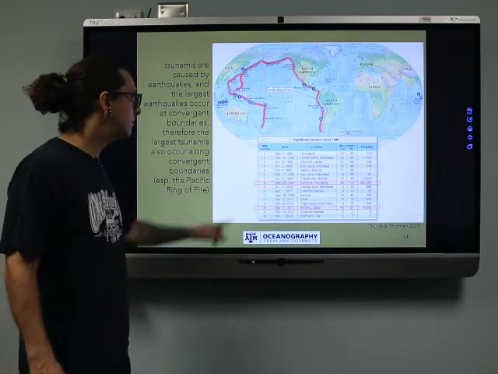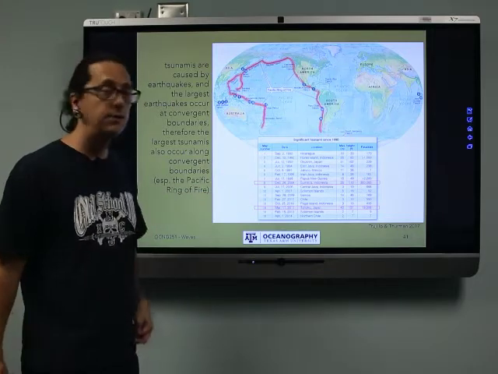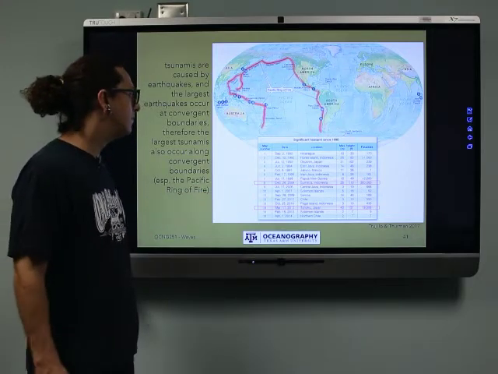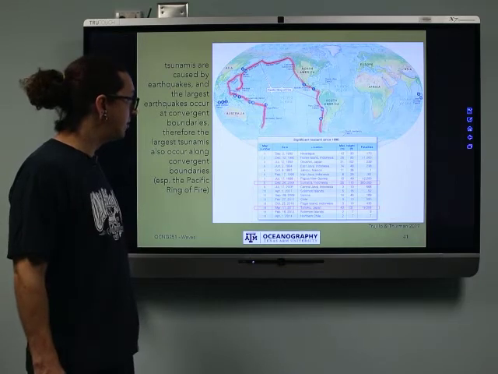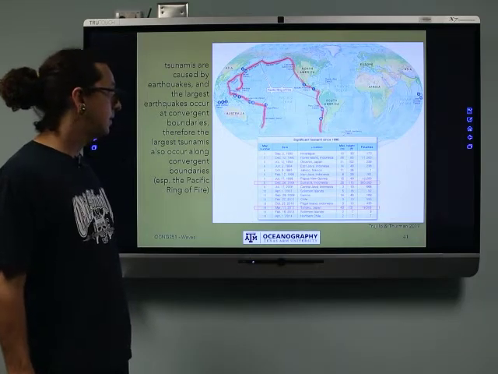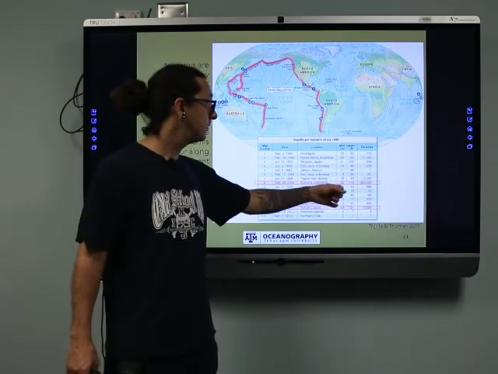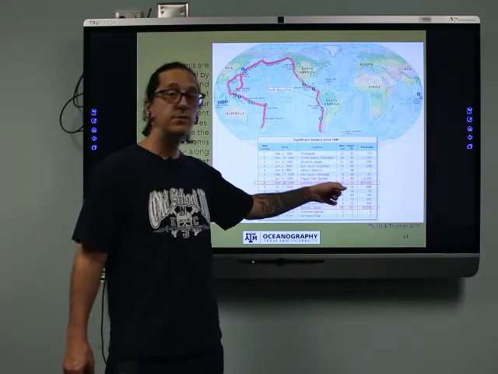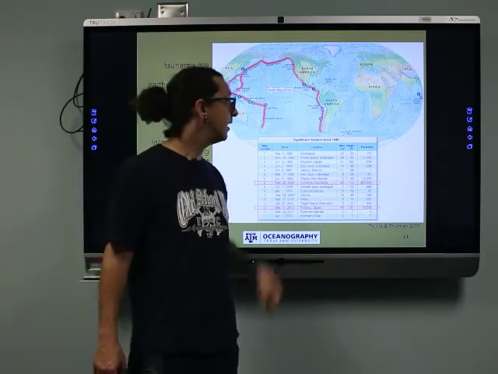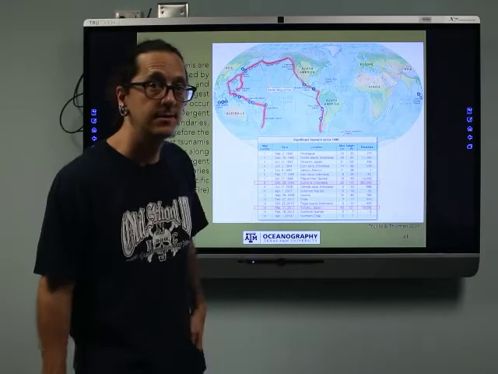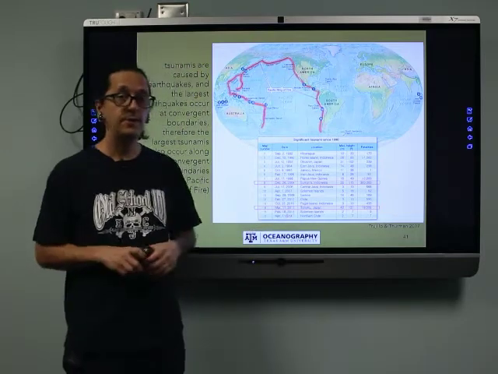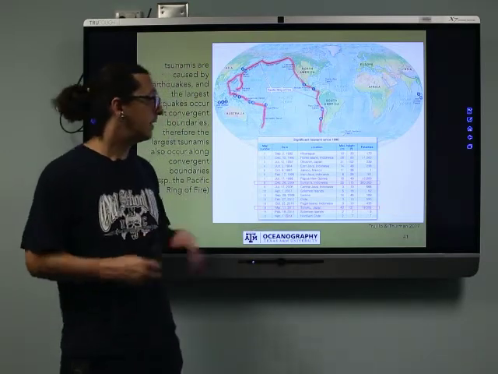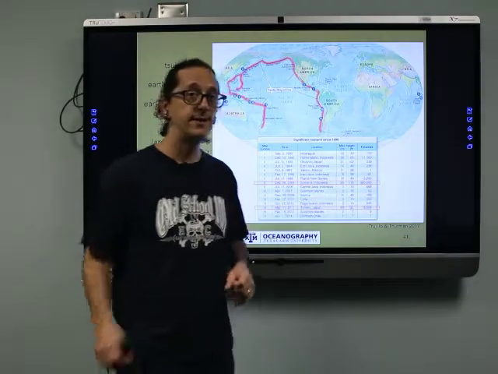The worst one ever was the one that occurred in 2004 in Indonesia. The height of the wave was 35 meters, 115 feet. Oh my God. You can't outrun that. And there were 300,000 people that lost their life in that.